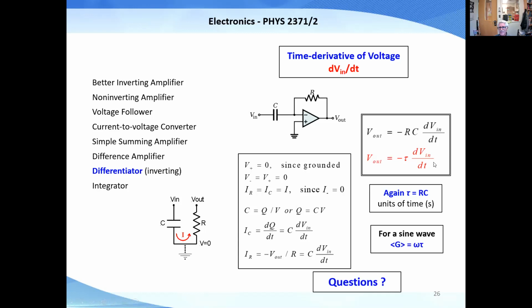Okay, let's take a guess. This is the formula, tau dV/dt. What do you think the formula would look like for an integrator? If you just wrote V out equals something times the integral of V in dt. Any guesses?